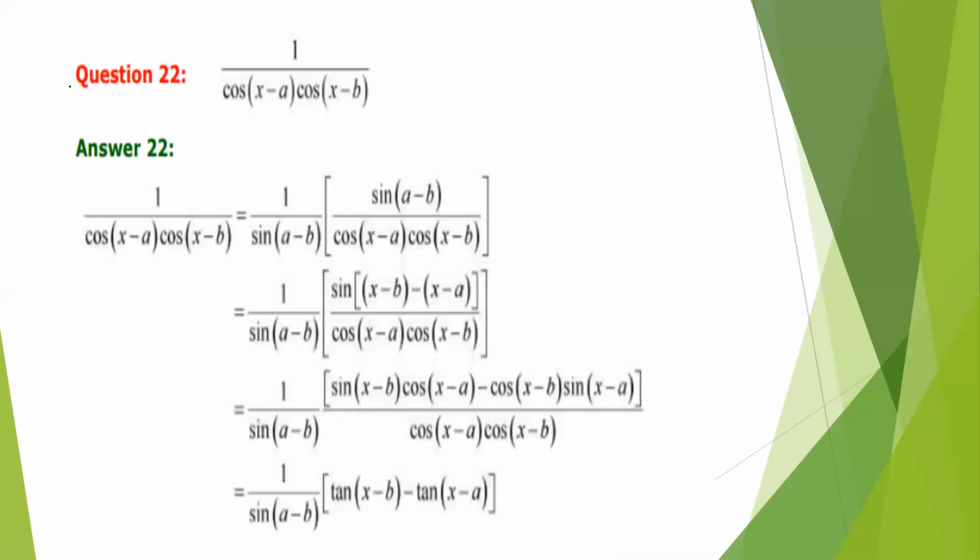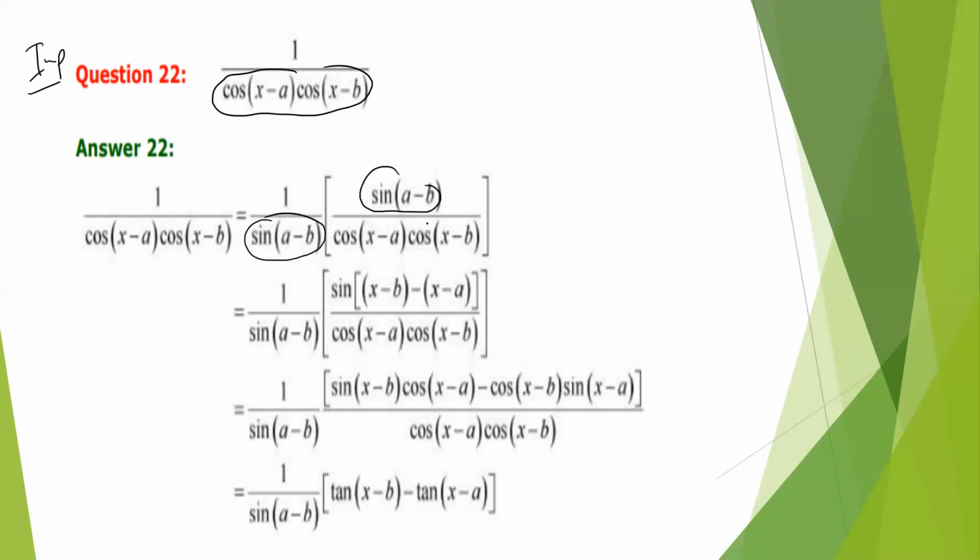One more very important type of problems. There are 4 cases in this. 1 by cos x minus a, cos x minus b. So to integrate this, we have to try to remove this denominator part. So let us try multiplying by sin a minus b and dividing by sin a minus b.